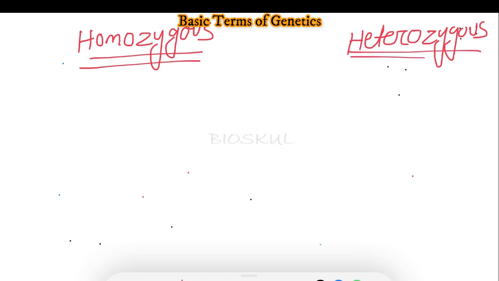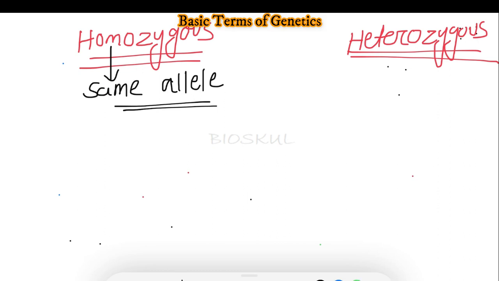Now we'll look into another two terms, homozygous and heterozygous. To remember this, first we have to understand what homo means. Homo means same, right? And here we are talking about alleles. So if there is the same type of allele, then that is called homozygous.